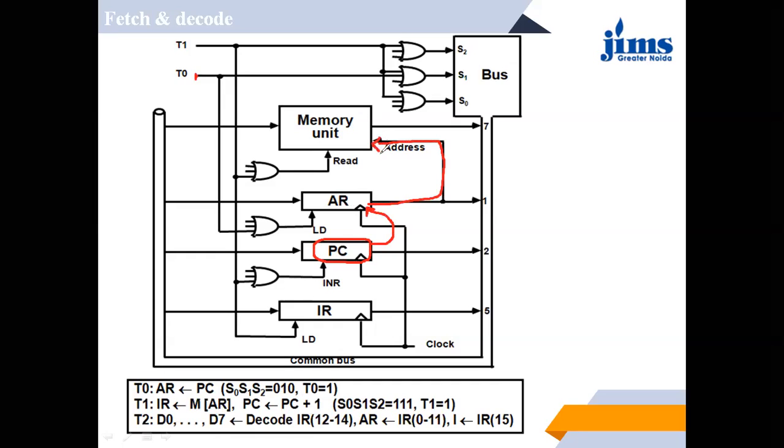When control reaches this address, it accesses the content from that address and puts it in the instruction register. You can see that this is load, and read is active.